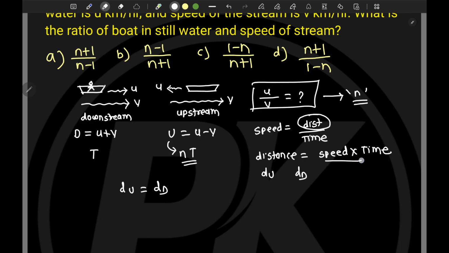Distance is speed into time. The upstream speed is capital U, and the time required is n times t, whereas downstream the speed is capital D and the time required is t.